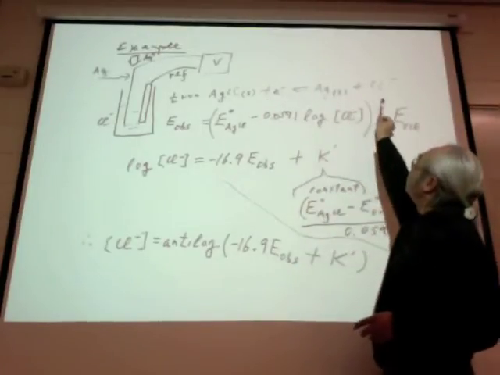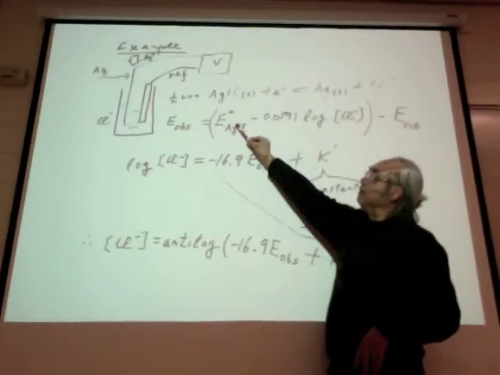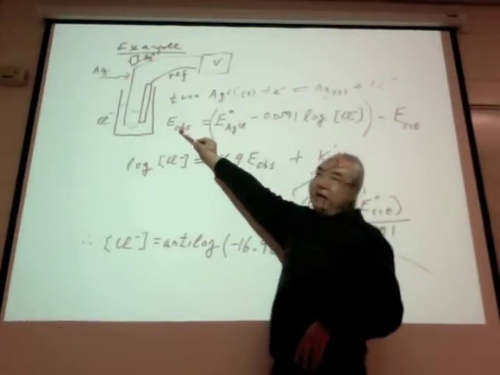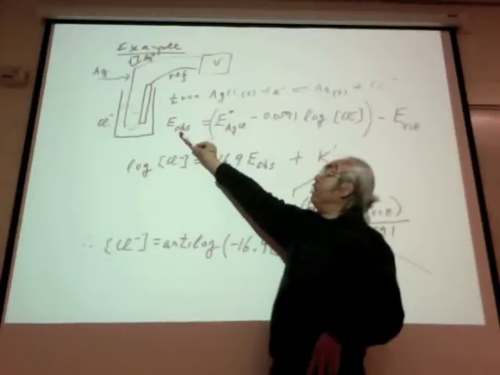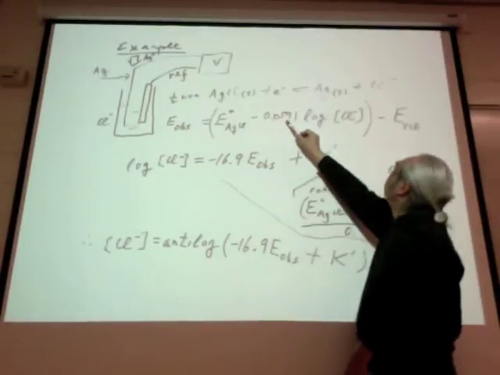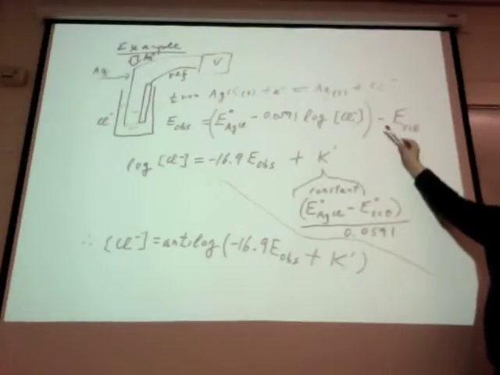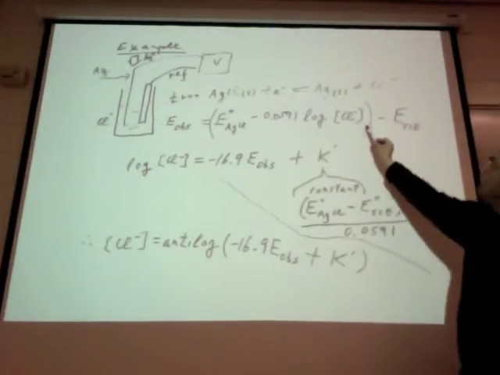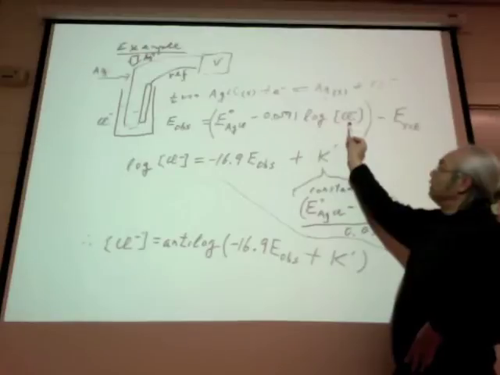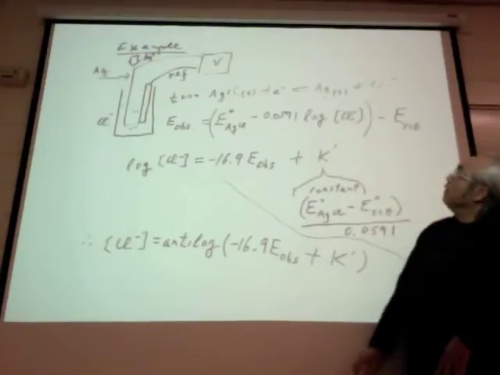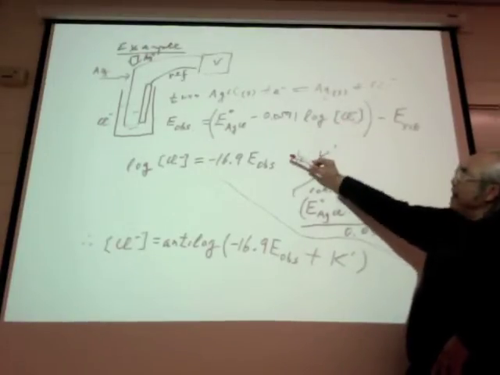This half reaction is going to give you an E naught. So the E experimental, the Nernst equation again, E observed is equal to this, subtract the reference electrode, right? That's what we learned. So this is the indicator electrode.